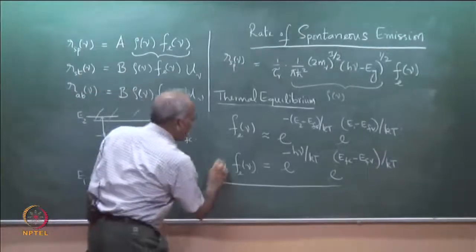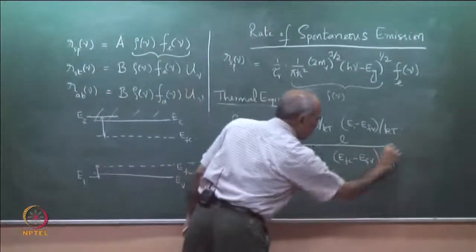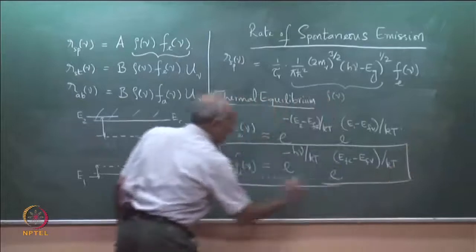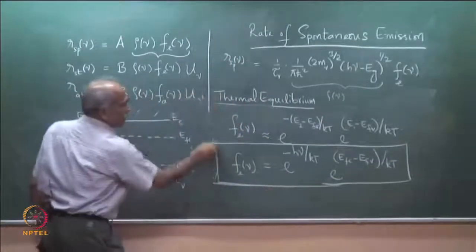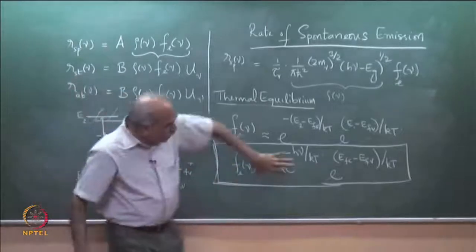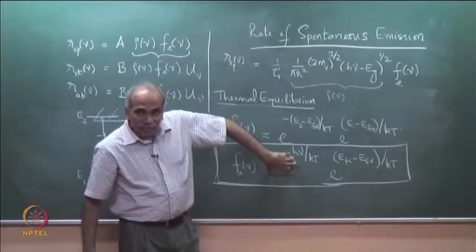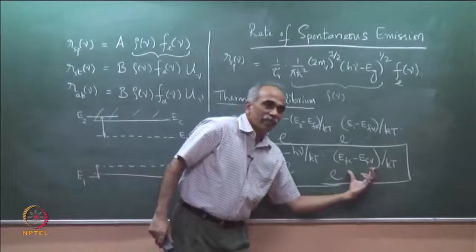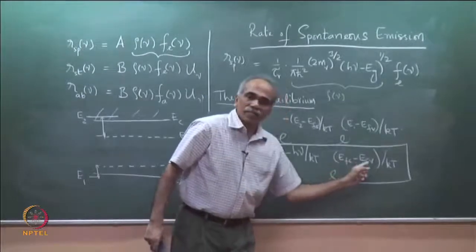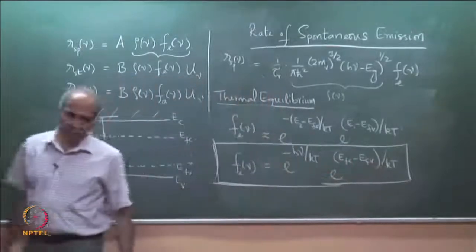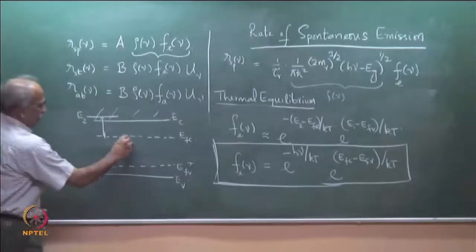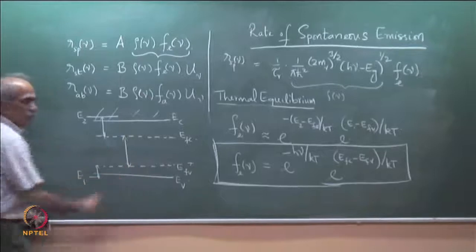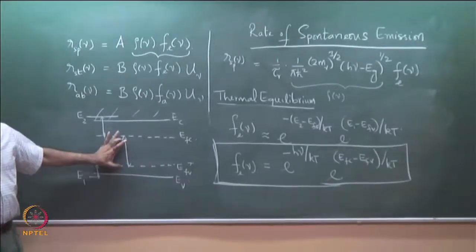So, the probability of emission in quasi equilibrium has changed to this expression, where this was in thermal equilibrium, that is now multiplied by a term EFC minus EFV by kT. See in this diagram that I have drawn, EFC minus EFV is this gap.